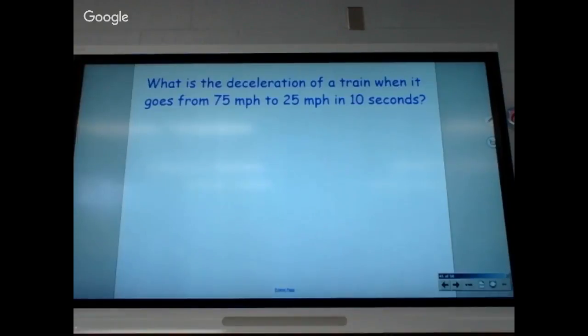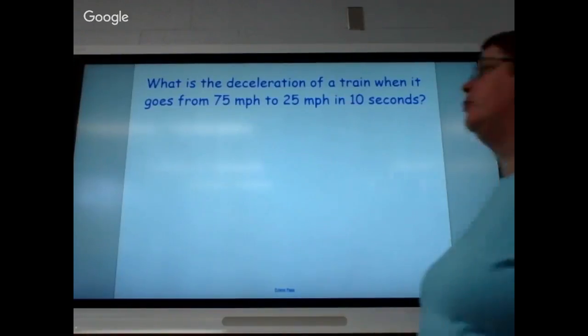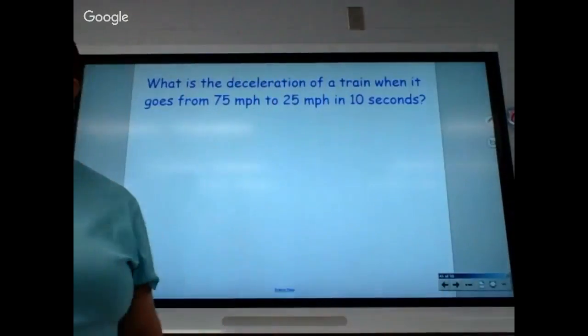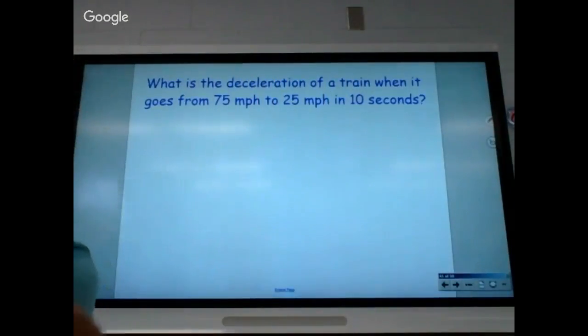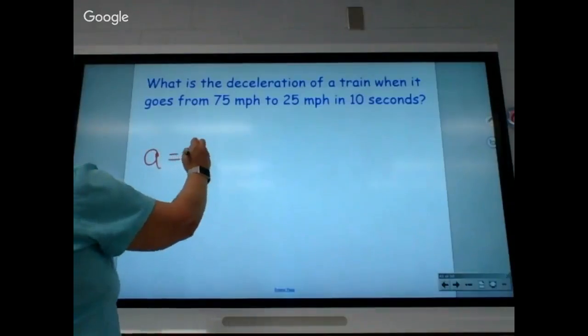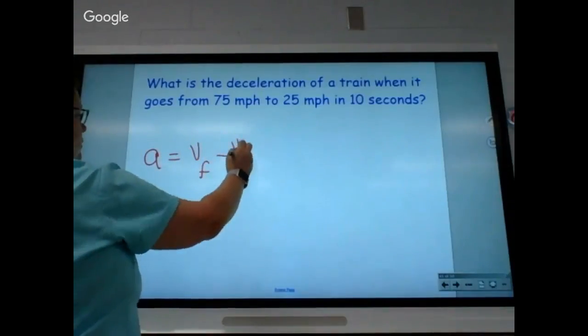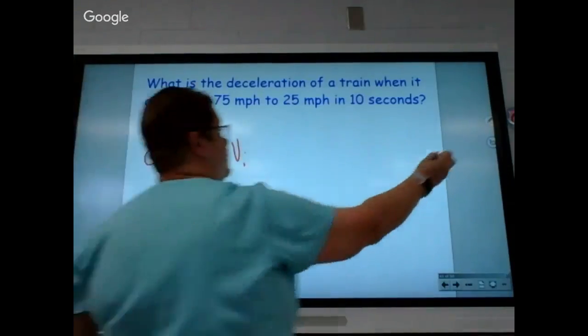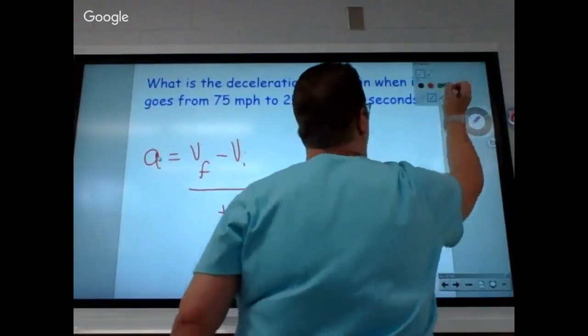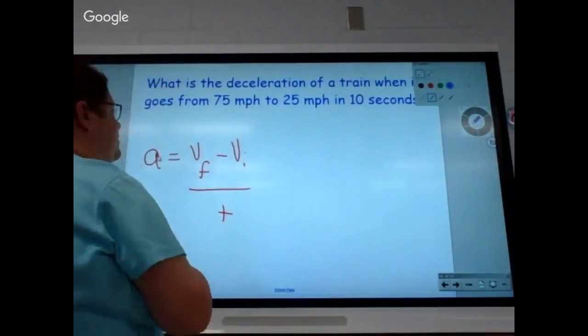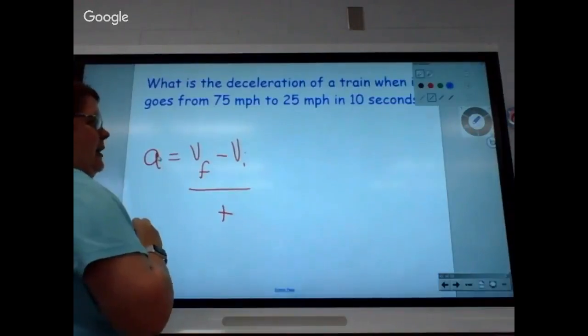All right, so when we decelerate, if you were listening a while ago, what kind of number did I tell you we were going to get? Negative. A negative number, okay? So, what did I tell you about this formula? It works now. But what did I say about VF, is it the first or the second velocity?